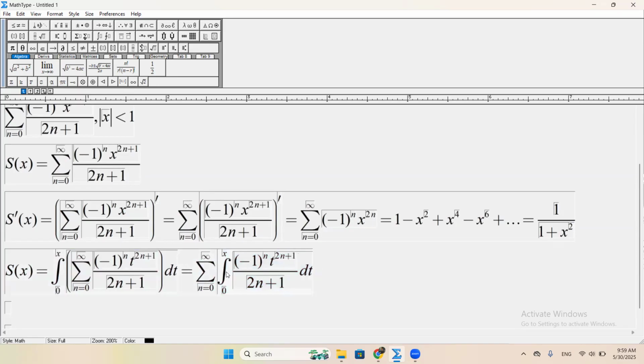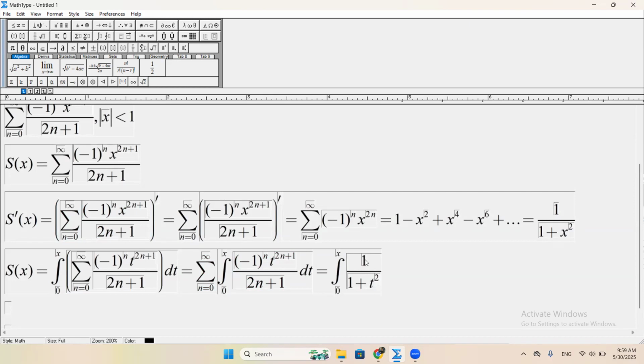But of course, we will not integrate this. We will integrate the elementary function that we received for x, so for the derivative. So we will integrate this expression.